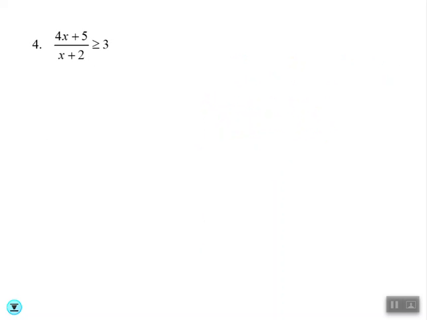Last problem. We need to start by moving everything to one side. Now here's the important part. We need this to be one fraction.